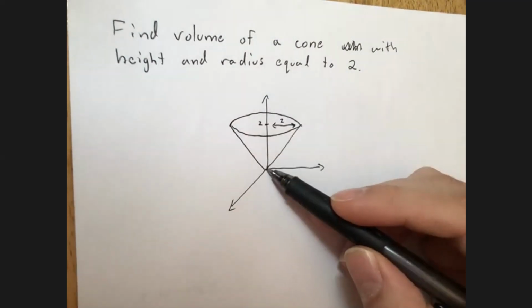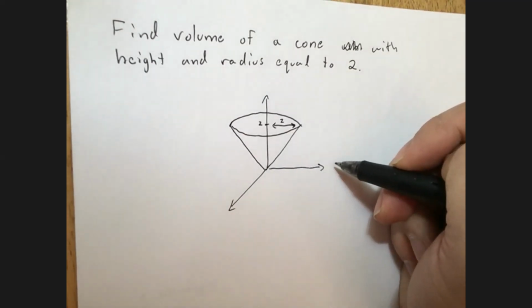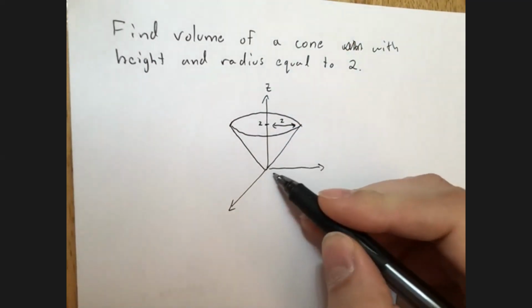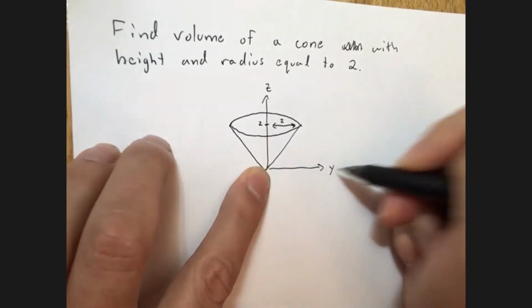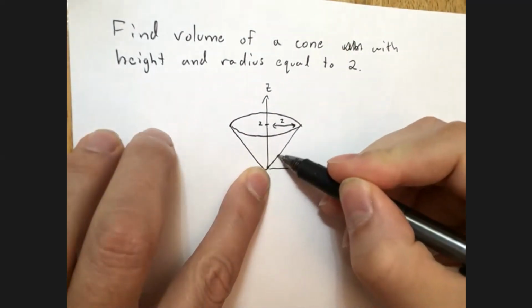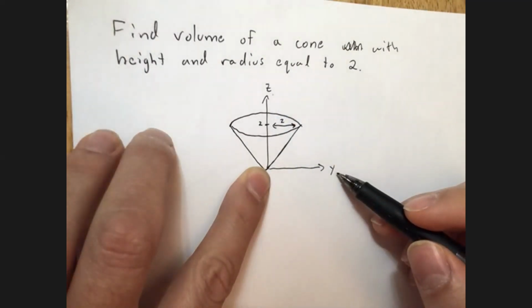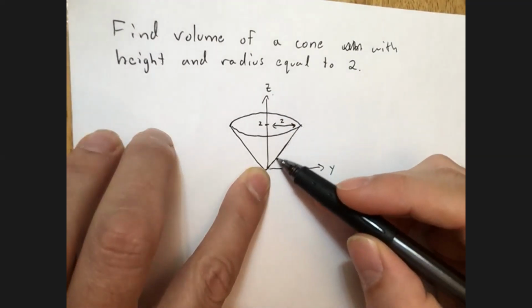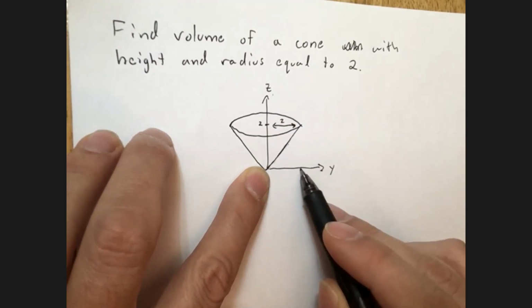If I want to get this diagonal line, well, this is the z-axis, and if I just restrict myself to the yz plane, I'm just getting a diagonal line, right? And in fact, that's the equation z equals y. But if I'm restricting myself to this plane, y is the same as r here, right?